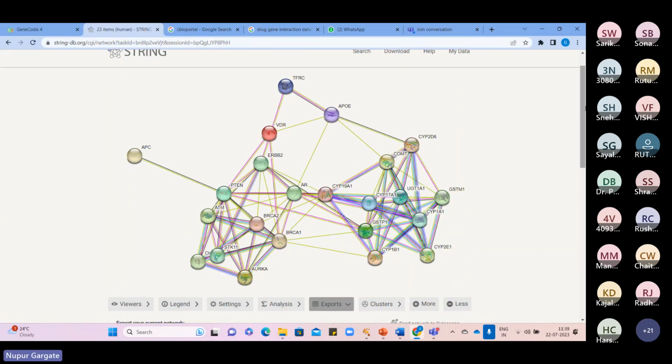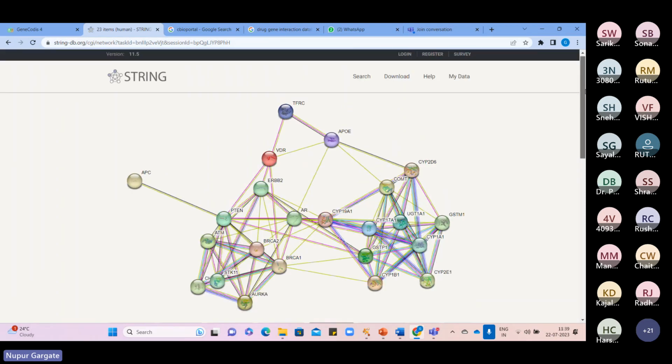So this is what the network which I showed in the slide actually looks like. These are called nodes. In STRING we cannot analyze this network as such, but when we have to analyze the network, we have to transport it to Cytoscape. So for that purpose, we have to download Cytoscape software.